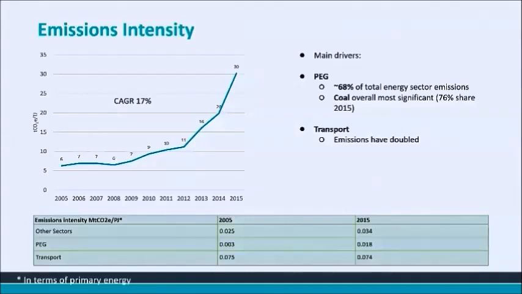Between 2007 and 2011, the share of natural gas consumption increased, and so the relative share of coal consumed reduced, but later picked up again after 2012. In the transport sector, greenhouse gas emissions have doubled, but emissions intensity of energy has stayed more or less constant.